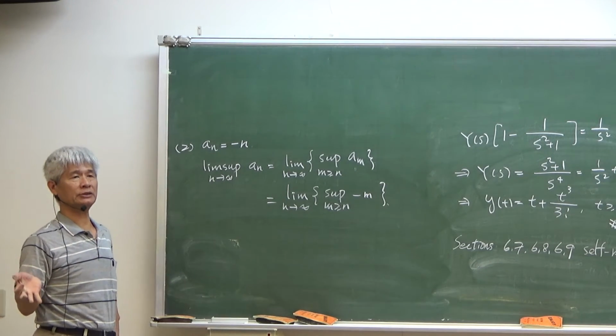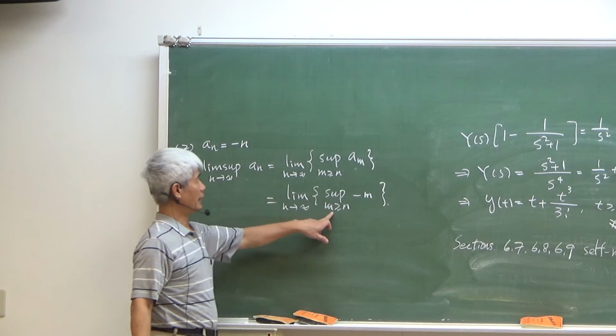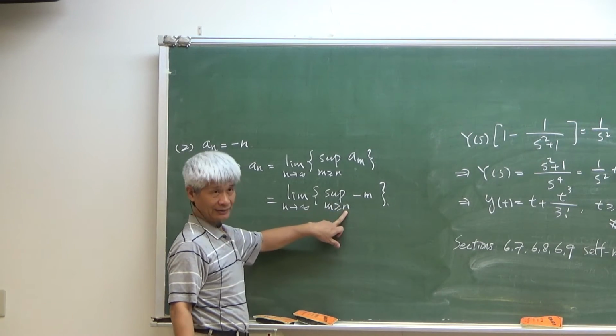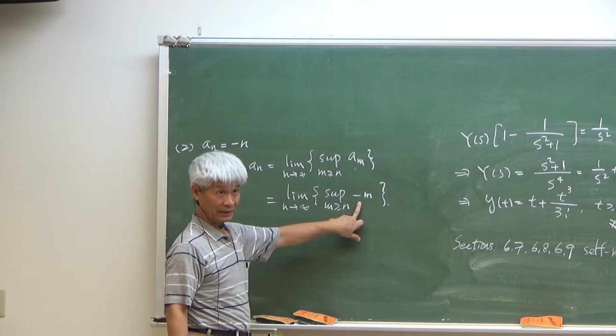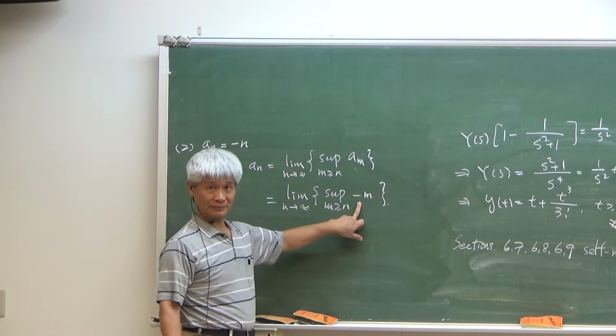Now, you want to take the suprema, right? For m greater than or equal to n. So the suprema is what? Minus n, right? The biggest one.